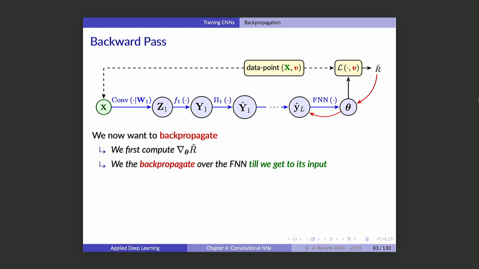Everybody's clear? Yeah? Now, I told you this y hat L is the flattened version, right? Is this version, right? But I do know how I have done the flattening, right? So it means that there was one y hat L, which was a tensor, right? So it was something like this, right?